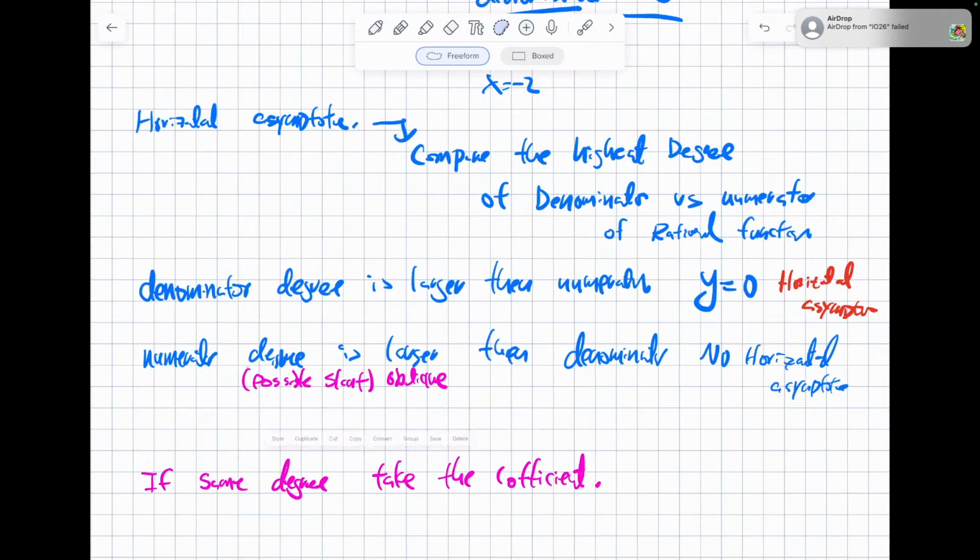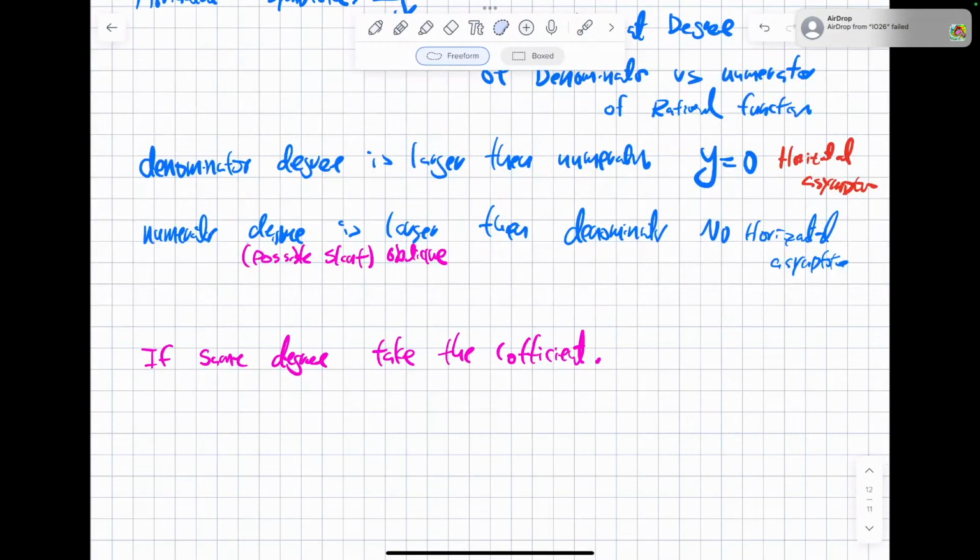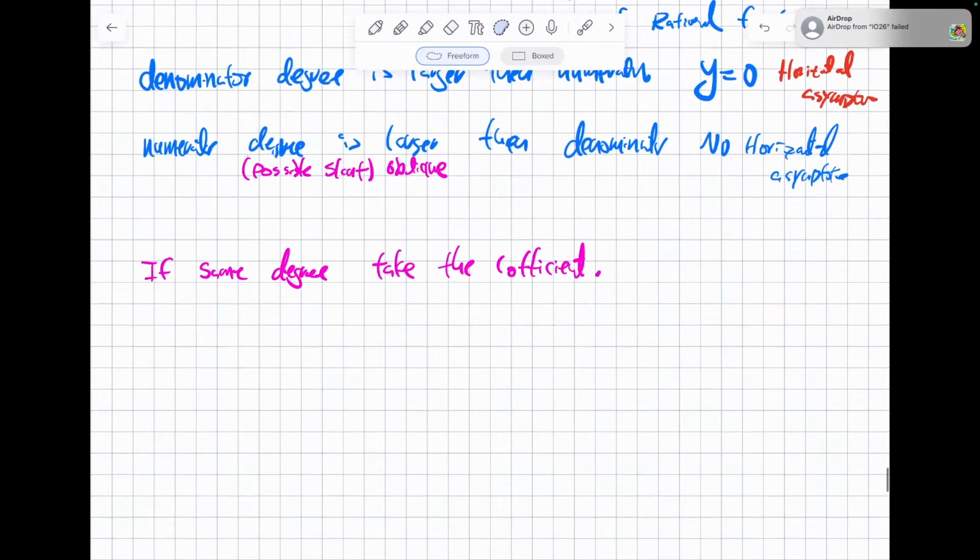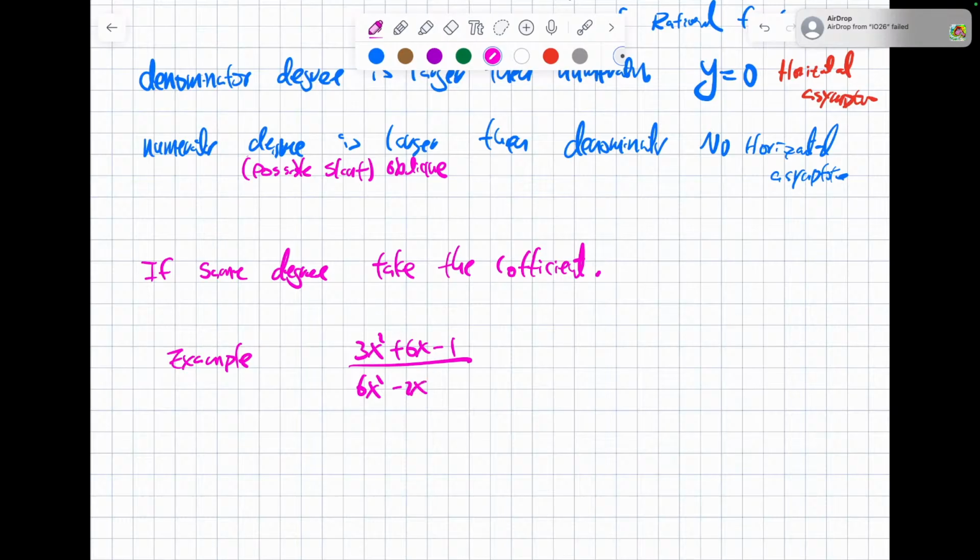So we're going to observe, using decimals, to see if this is true. I'm going to name a rational function and you tell me the horizontal asymptote. For example, 3x squared plus 6x minus 1 over 6x squared minus 2x minus 1.